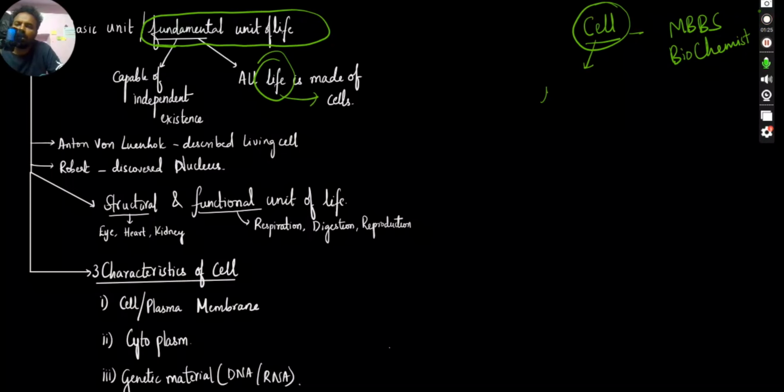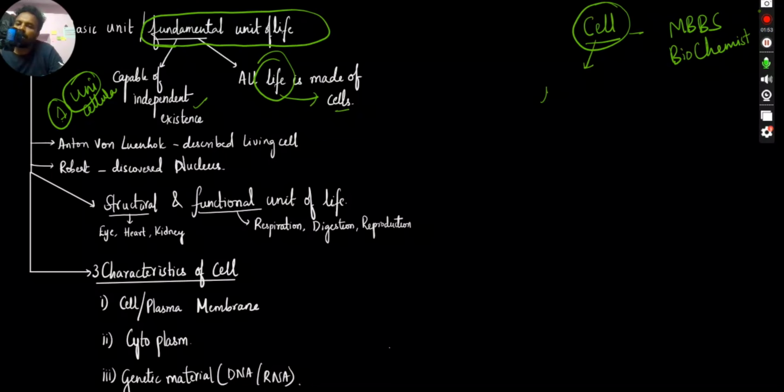Everything like animals, plants, microorganisms like bacteria, fungi, everything is made up of cells. And unicellular, what do you mean by unicellular? One cell. If there is one single cell, it can exist independently. Whatever has life is made up of cells. Everything on this planet which has life is made up of cells.